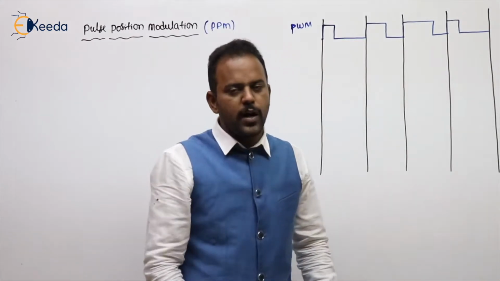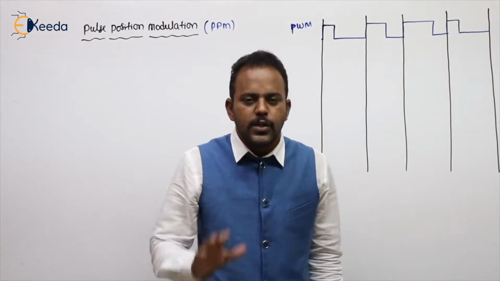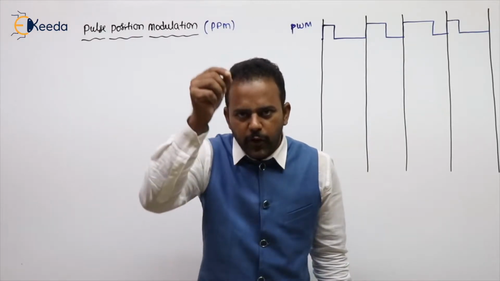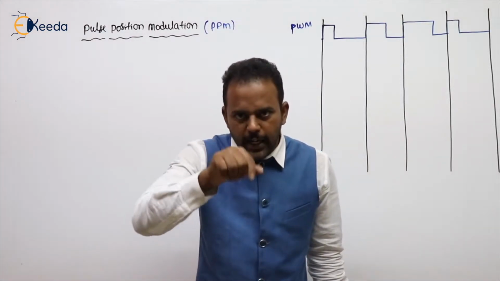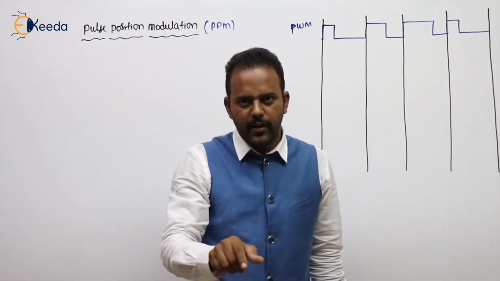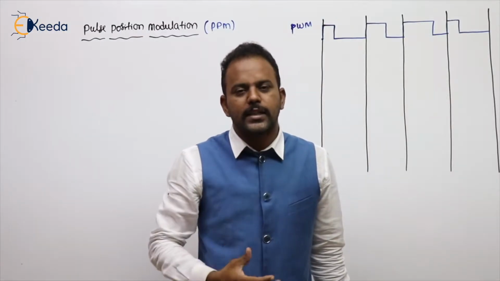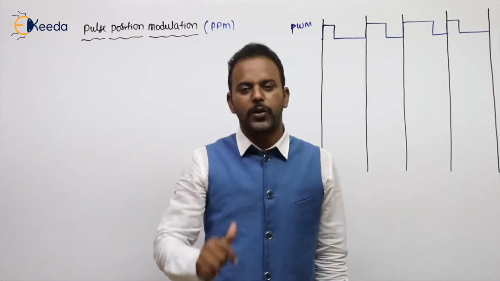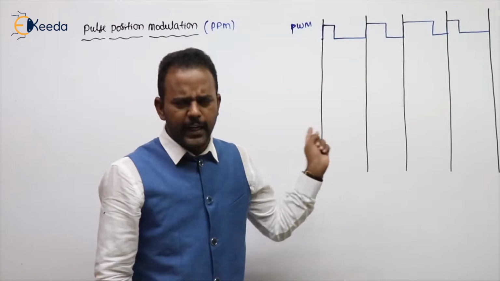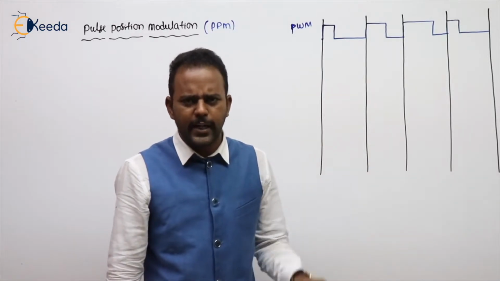Leading edge is known to the receiver as it comes at regular intervals of time. Just a small question I am asking. Suppose the trailing edge is also known to the receiver, then what is the thing? Try to pause the video and think about it. Anyhow, the leading edge is constant, coming at regular intervals.